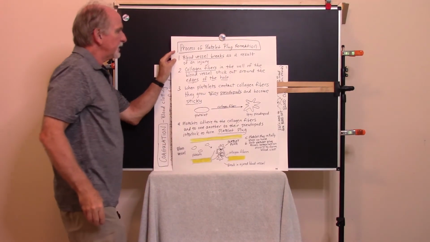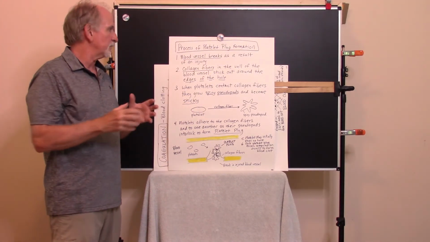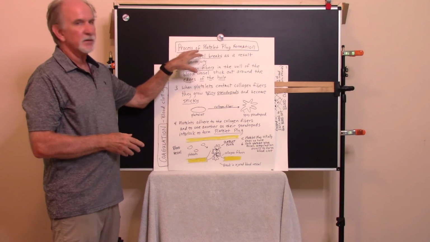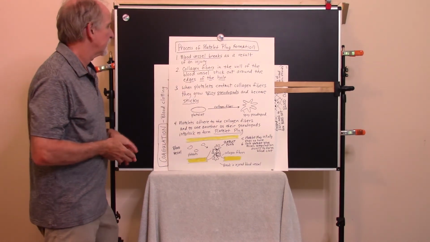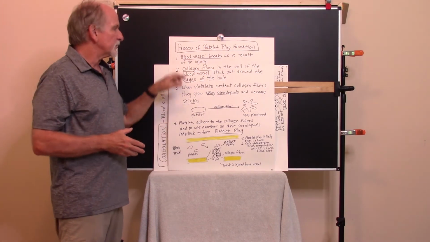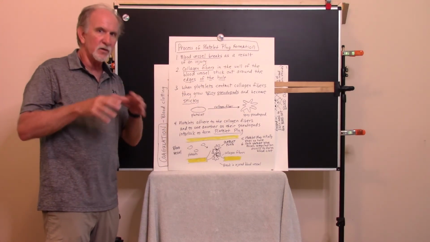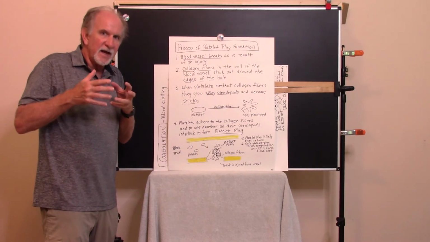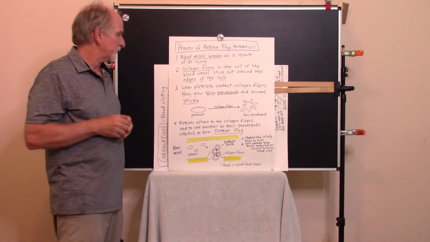So this is the process by which the platelet plugs form. It begins when you break a blood vessel as a result of some injury. When that occurs, collagen fibers within the connective tissue in the wall of the blood vessel stick out around the edges of the break.